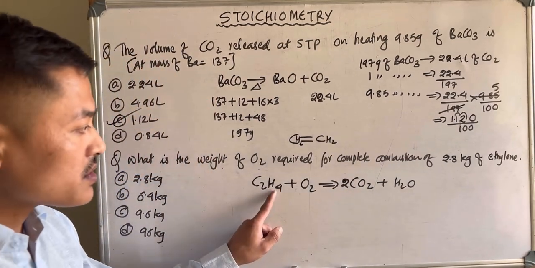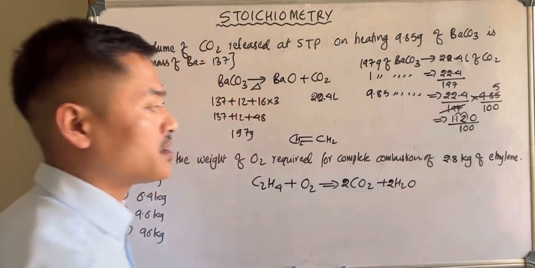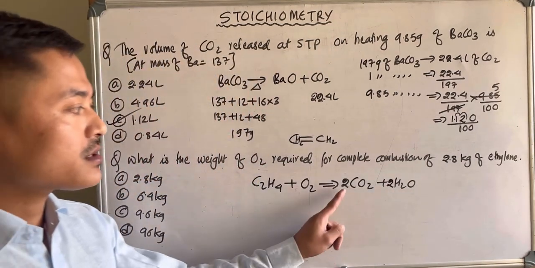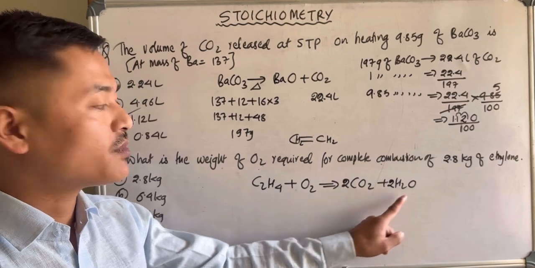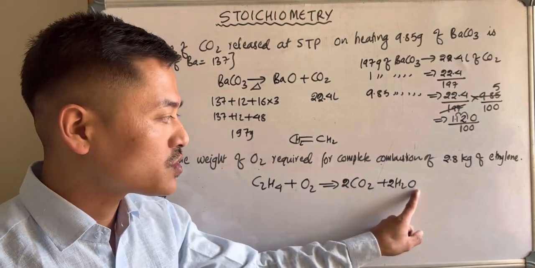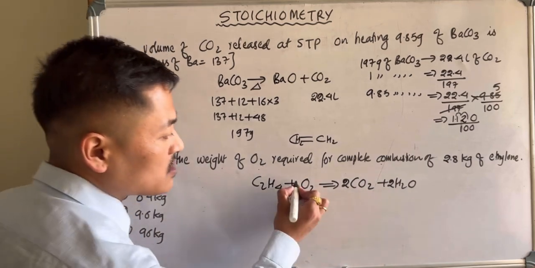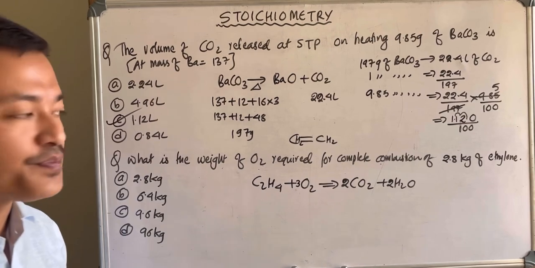There are 4 hydrogens, but only 2 hydrogen over here, so again you must be writing 2 over here. Now carbon is balanced, hydrogen is balanced, but what about the oxygen? 2 2s are 4 plus 2, 2 ones are 2, so there are 6 oxygen, but only 2 is written over here, that is why you must be writing 3 over here.